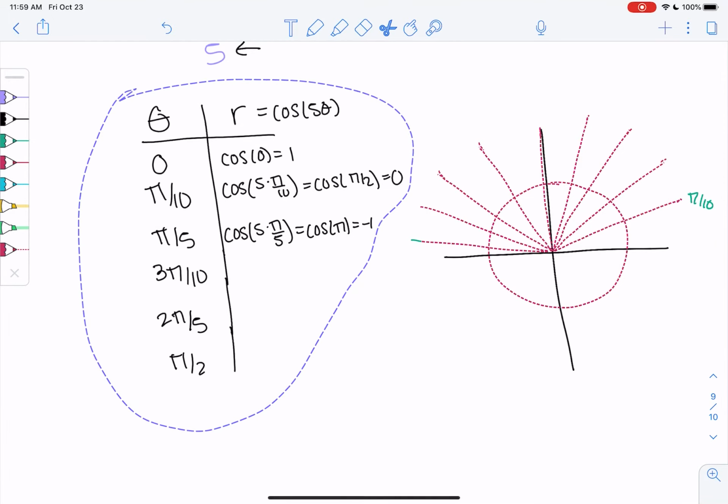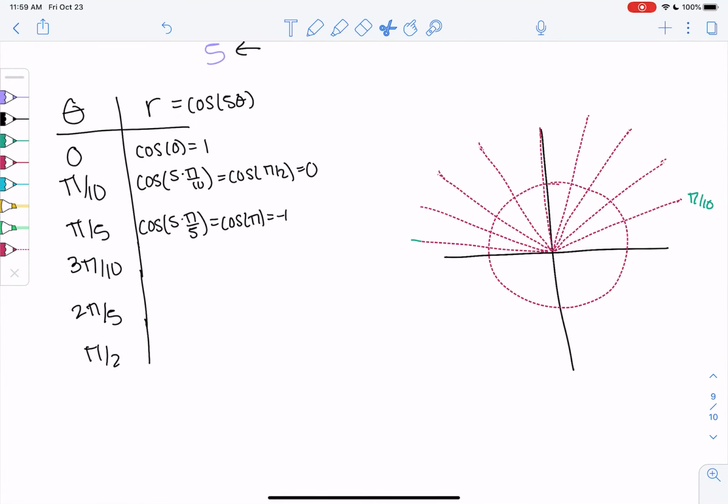Let's try a couple more. So cosine of 5 times 3 pi over 10, we get cosine of 3 pi over 2, which is 0. So try the next two.